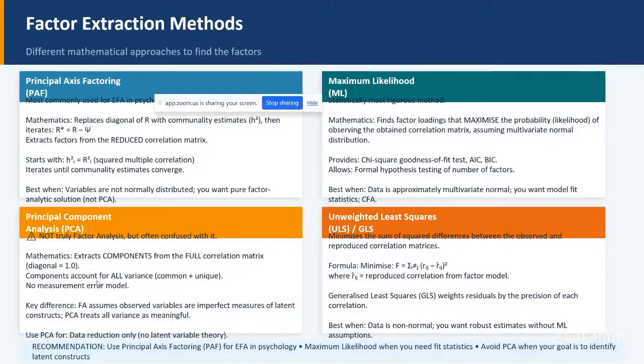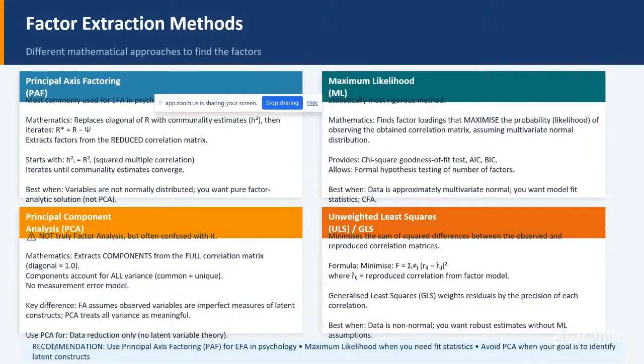Components account for all variances, common plus unique. This is the common only, and this is the unique, which is actually the error part. There is no measurement error model. Key difference: FA, that is factor analysis, assumes observed variables are imperfect measures of a latent construct, but PCA treats all variances as meaningful.